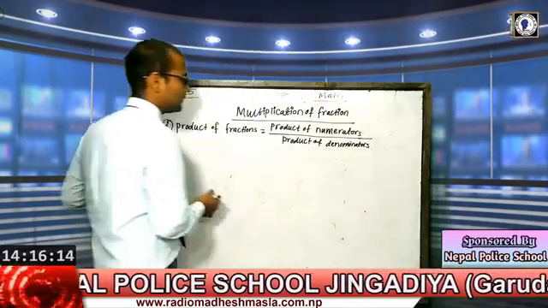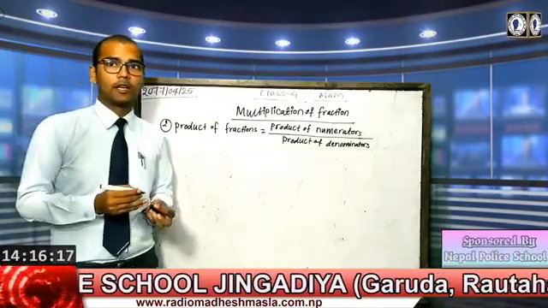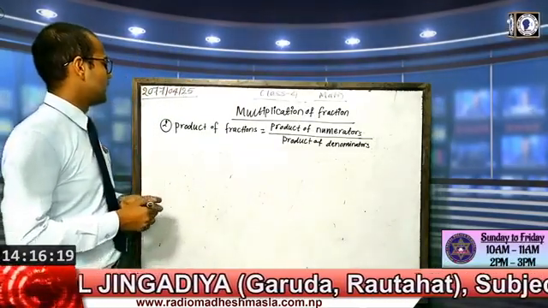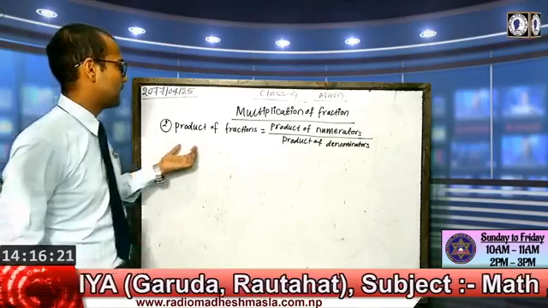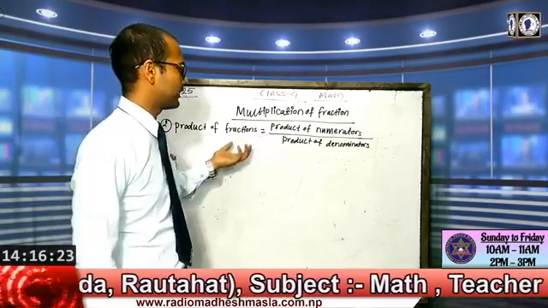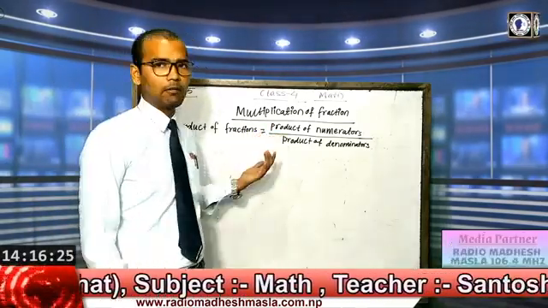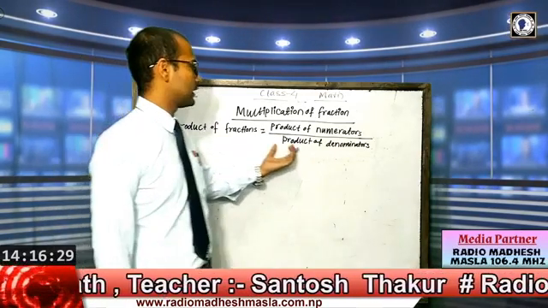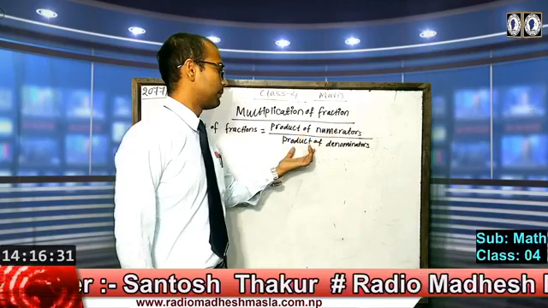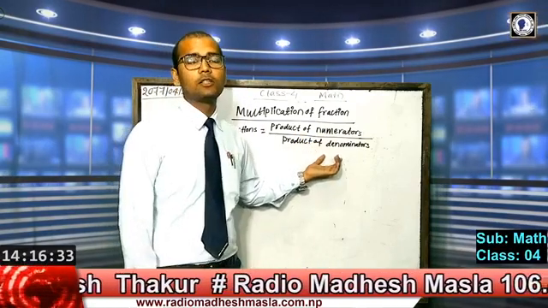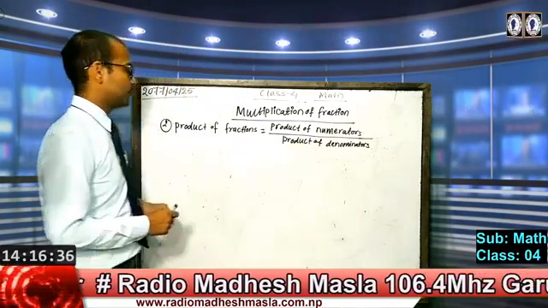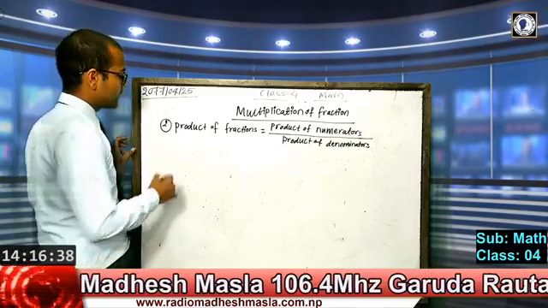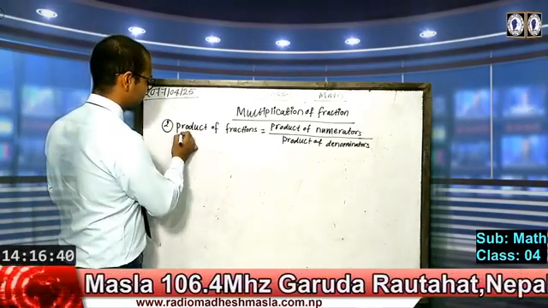Here we have a formula which is somewhat different from our previous one. So the product of fractions is equal to the product of numerators by the product of denominators. Students, here we have questions as examples of this formula.